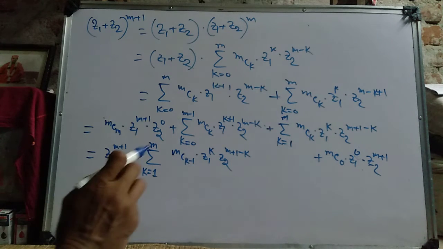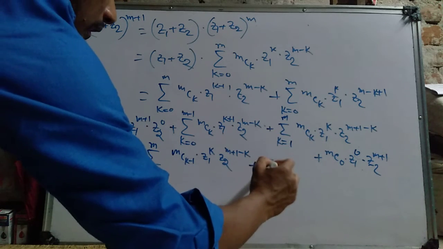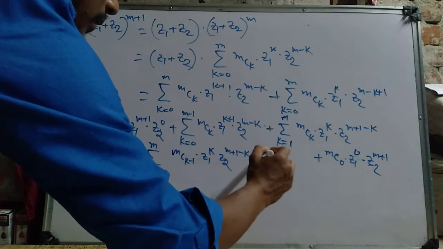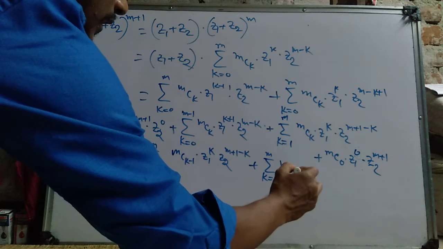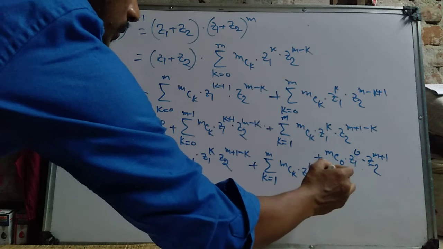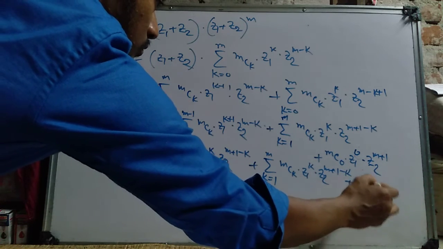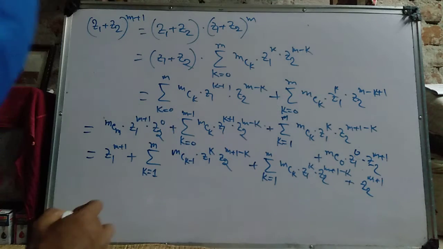And in a similar way we write this one, k equal to 1 to m, mCk z1 to the power k z2 to the power m plus 1 minus k, plus z2 to the power m plus 1.